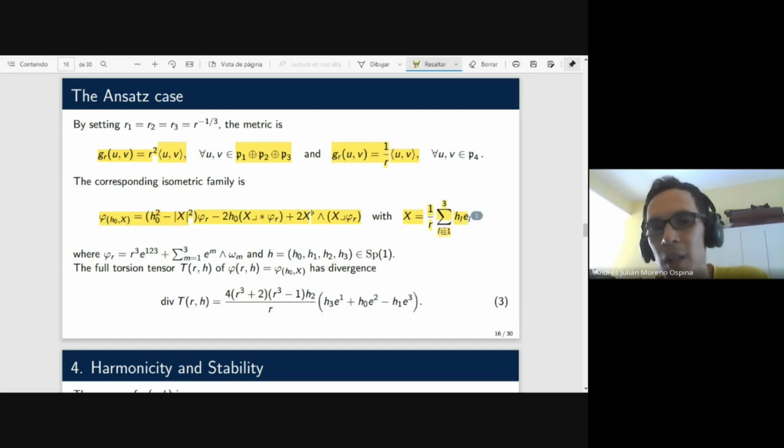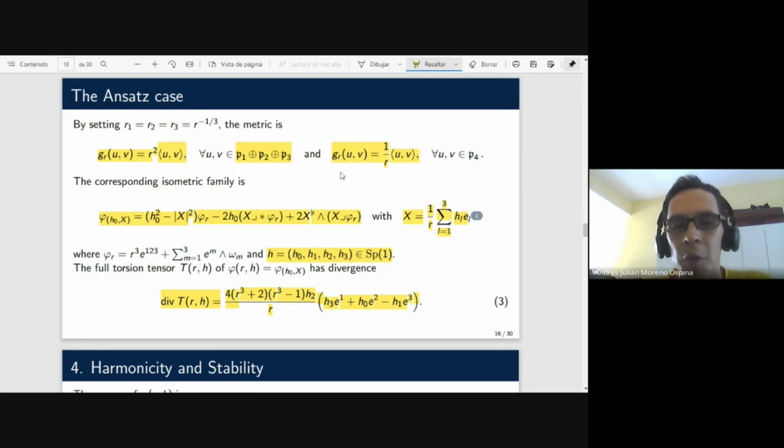In fact, the parameters h0, h1, h2, and h3 form a unitary quaternion. Using this description, you can compute the divergence of the full torsion tensor, and you obtain this expression in terms of the parameter r and the parameters of the unitary quaternion.